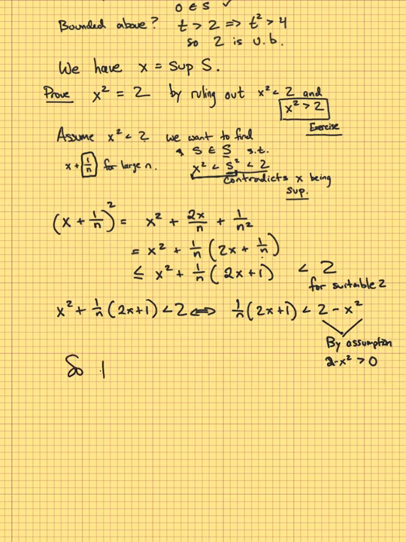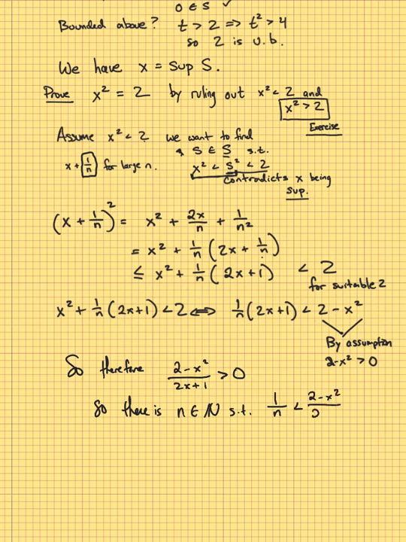So therefore, 2 minus x squared over 2x plus 1 is a positive real number, because 2x plus 1 is a positive real number, so there is an n so that 1 over n is less than 2 minus x squared over 2x plus 1. And this is the number that works.